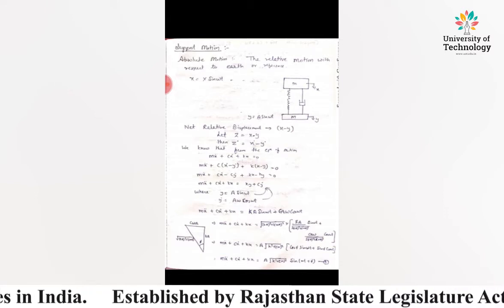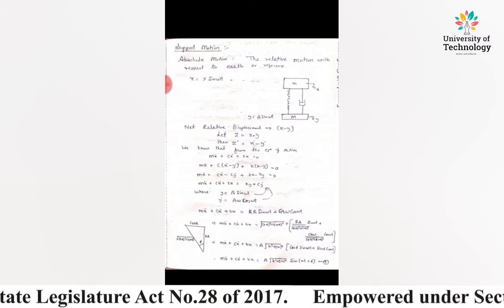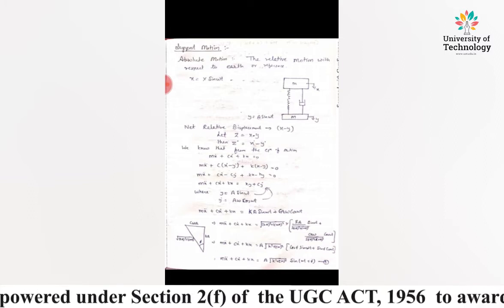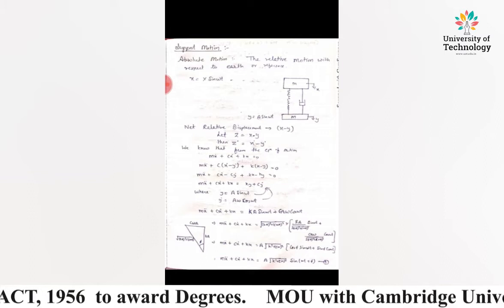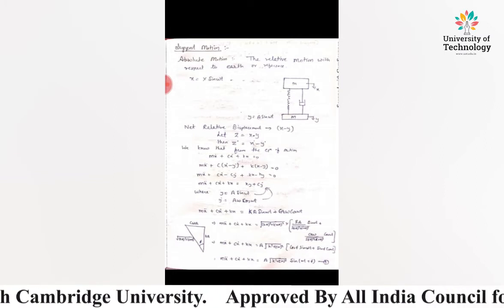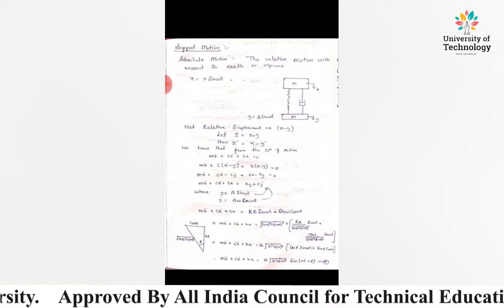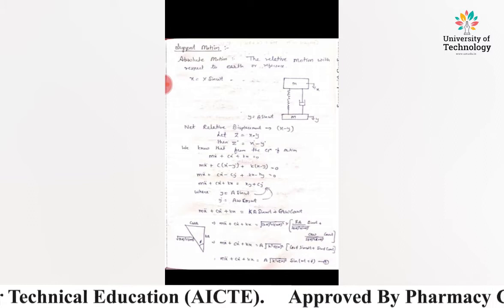I have already told that the value of y is equal to capital A sine omega t, and the velocity y dot is equal to A omega cos omega t.